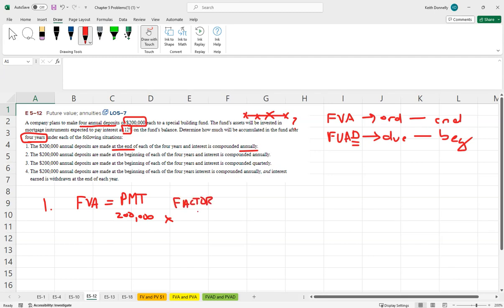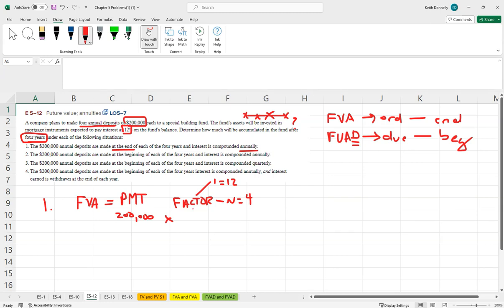We're going to have to use the factor from the table. So here we'll have an I and an N. Our I is 12% and our N is 4 periods.